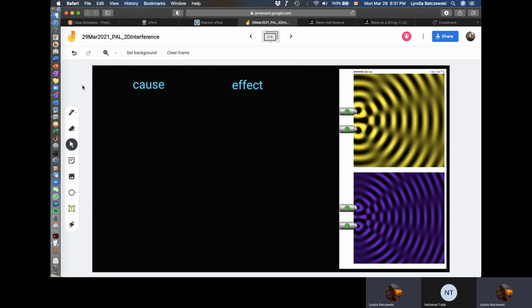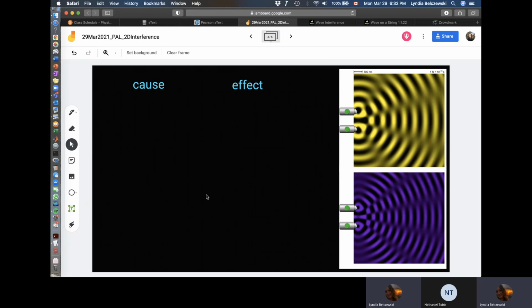There are some clear differences between the top and bottom image, but I want you to try to figure out what property did I change, and what change did that affect. So I have cause and effect here.